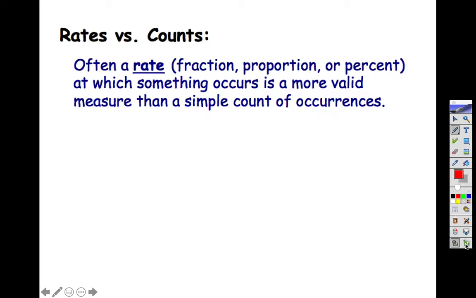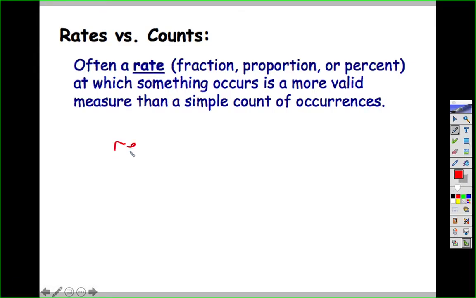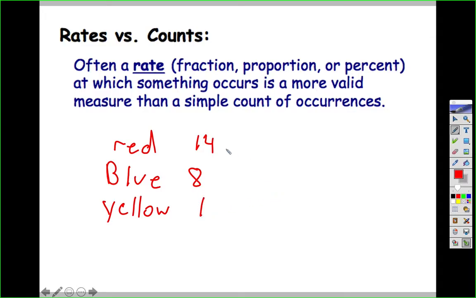So what I'm talking about is if I made a small list here and I said red, blue, yellow, and I was asking people their favorite color, and I just said 14, 8, and 1. These are called counts. This is just how many people answered that question.